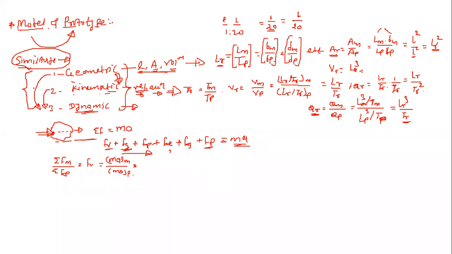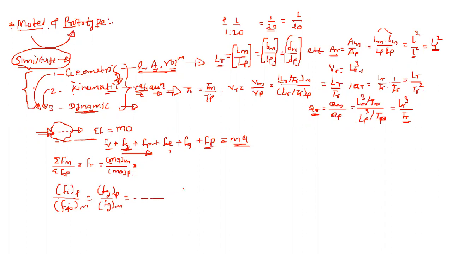So again we can write for the dynamic similarity. I forgot to write here. For the existence of dynamic similarity, we can write the inertia force of model by proto or proto by model, whichever it may be, that ratio is going to remain the same. The inertia force of the model divided by proto must equal the gravitational force ratio of model and proto, and likewise for all the forces.